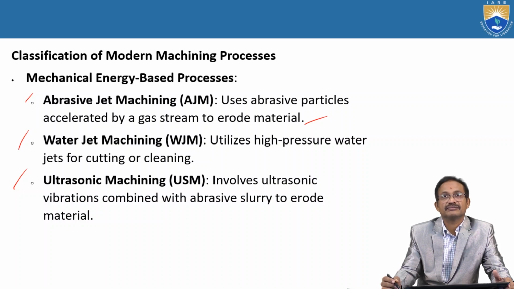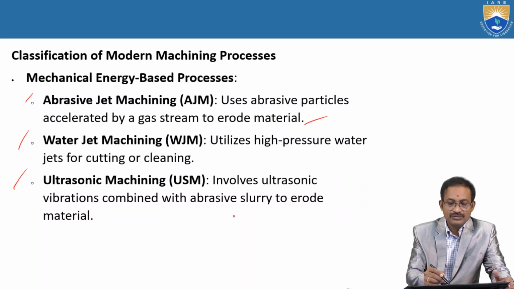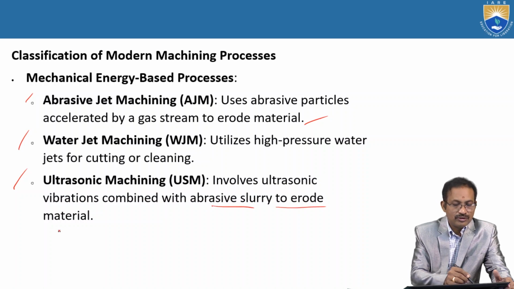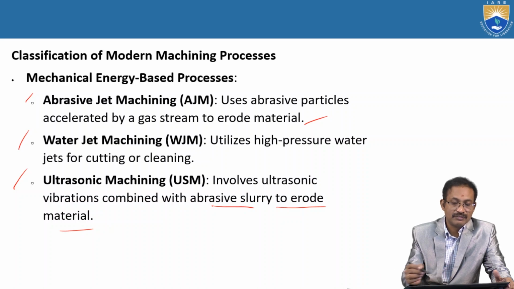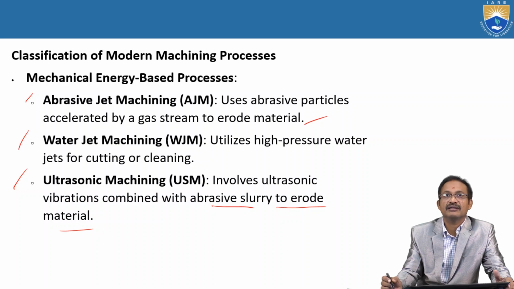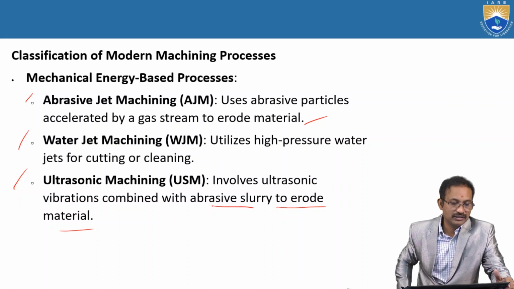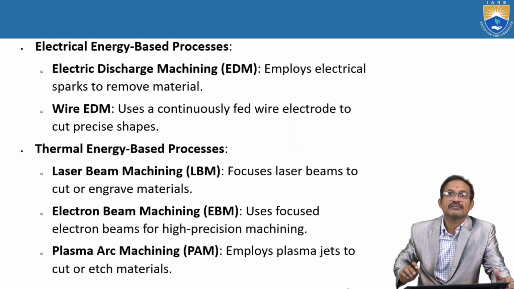Ultrasonic machining involves ultrasonic vibrations combined with abrasive slurry to erode material. So here, abrasive slurry is also part of removing the material, along with the ultrasonic vibrations.